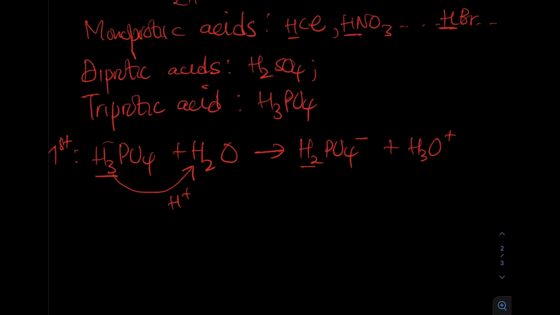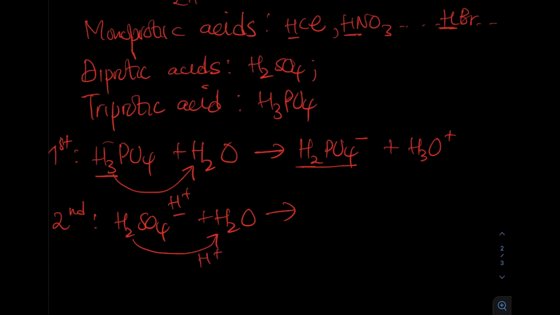And also, the second ionization is going to take place. You take the 2 protons that are remaining there, and you donate 1 again. So when you donate 1 proton again, you'll be left with 1 proton, HPO4 2 minus. Right? The water will take that proton.